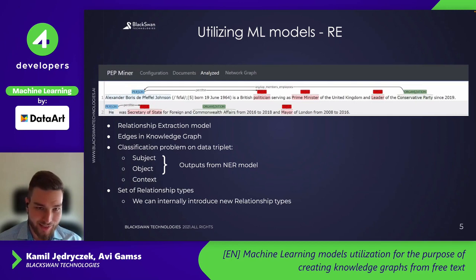Here in our example on the top of the slide, you can see 2 types of relations. One is: is this person a member, an employee? So here you can see this arrow on the top. Or second, does this person hold a title, like a politician here? And again, very similarly to NER, we are also able to define, let's say, new relationships in our solution.